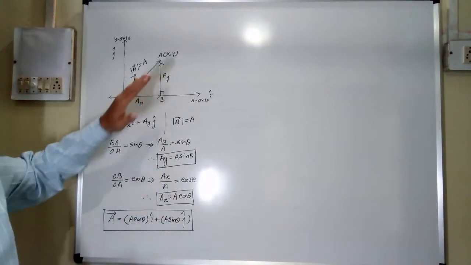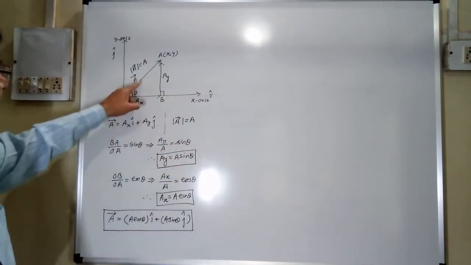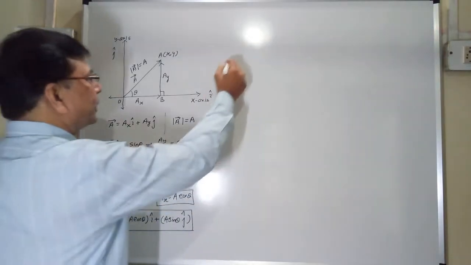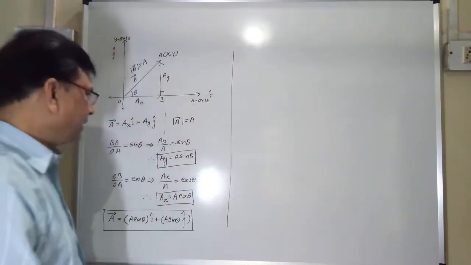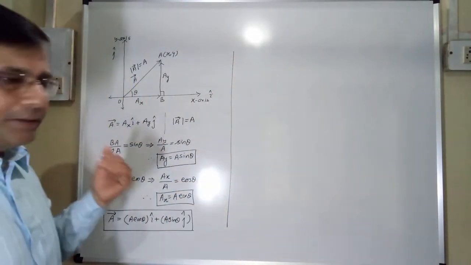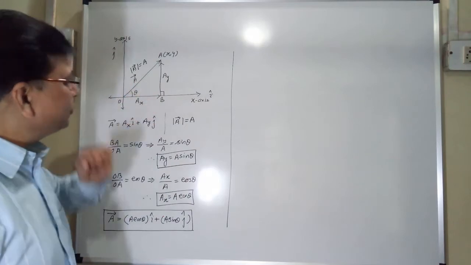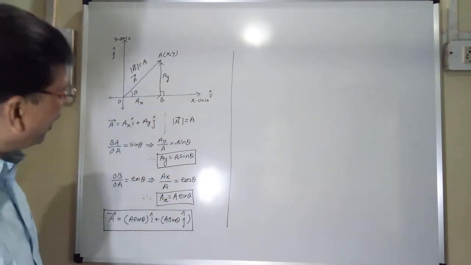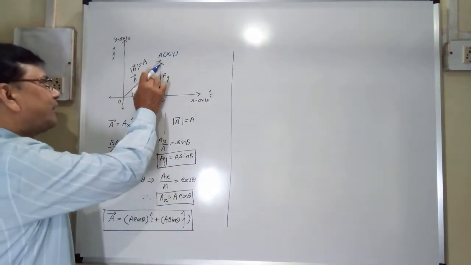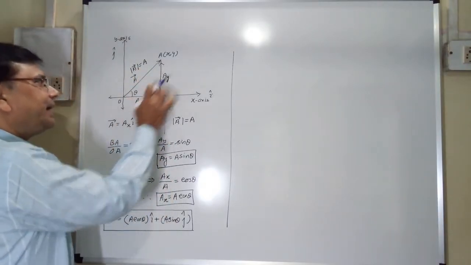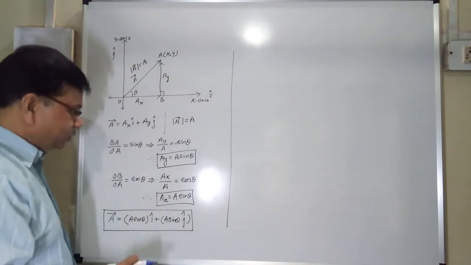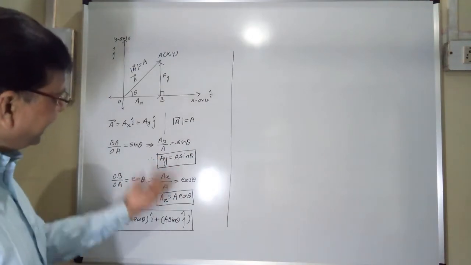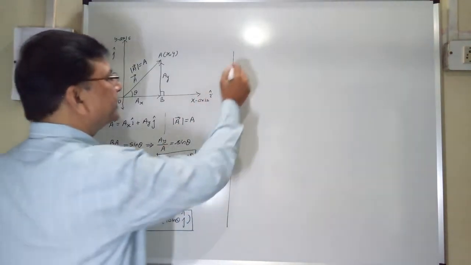This is another way of representing the vector A. Another thing, we have to find theta. The magnitude is known. If theta or the magnitude is to be calculated in terms of AX and AY, that can be done by squaring and adding these two.